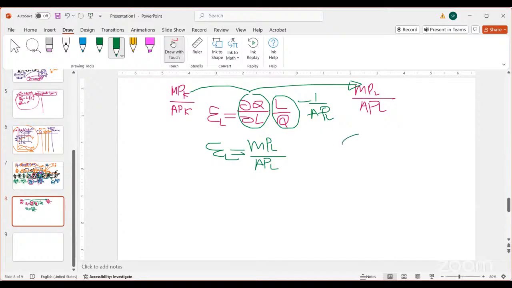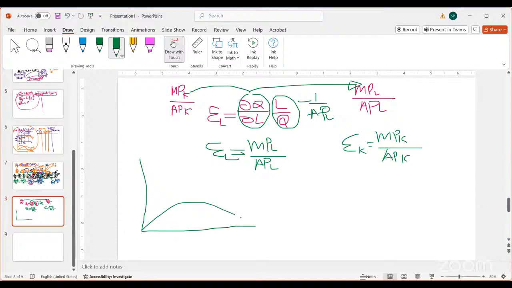Similarly, you can get the capital input elasticity, the marginal product of capital divided by average product of capital. Now remember, some time back we did the average product curve. This is the average product of labor. We have the marginal product of labor.